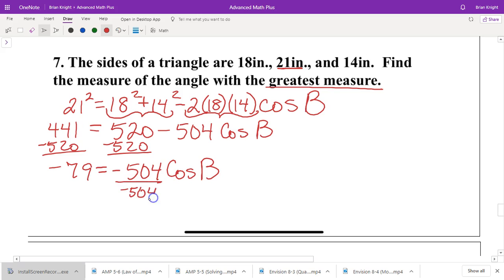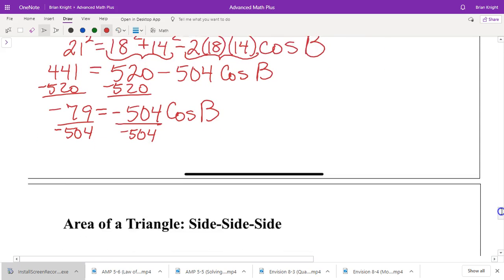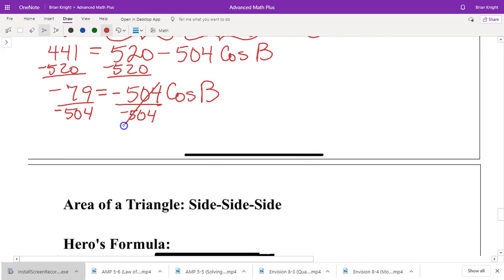Two more steps. Divide by negative 504 and take the inverse cosine. So B equals the inverse cosine of 79 divided by 504. I dropped the negatives because they both have a negative, so that makes a positive.